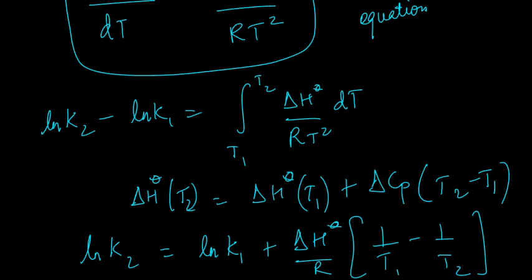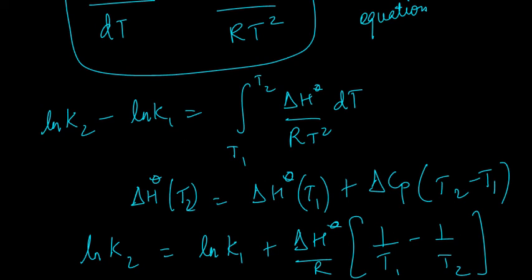Right. So let's go back to Le Chatelier's principle for temperature. If this fellow is exothermic, if delta H is negative, and I increase the temperature, that is T2 is larger than T1, the whole thing comes out to be negative, right?